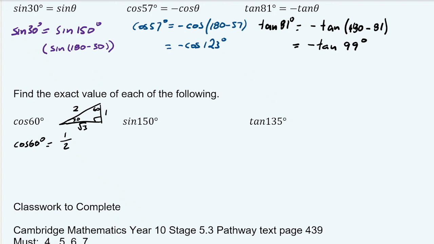Sine of 150. Well, that's going to be the same as sine of 30 because they are supplementary. Sine 30 is also 1 over 2 based on that information. And then tan of 135, well, that's going to be the same as minus tan of 45 because it's on the opposite side, since it's 180 minus 135.